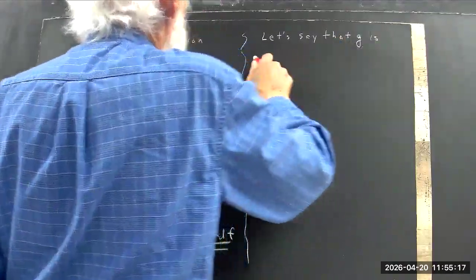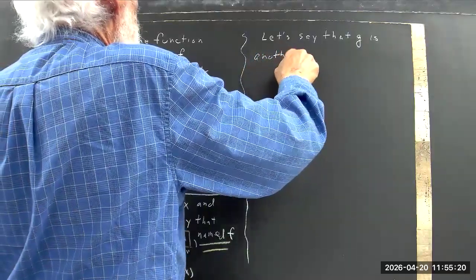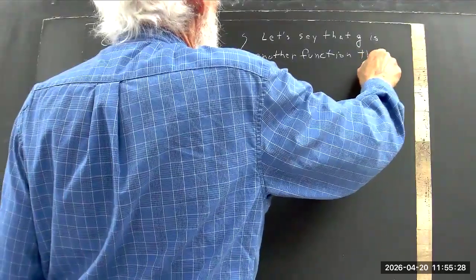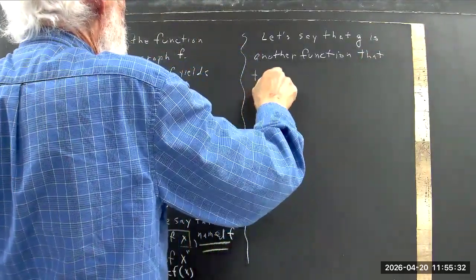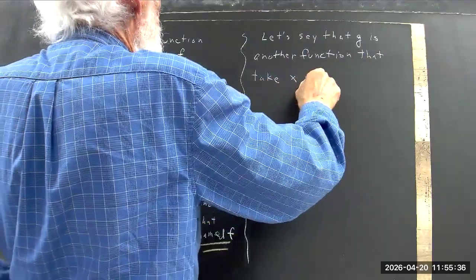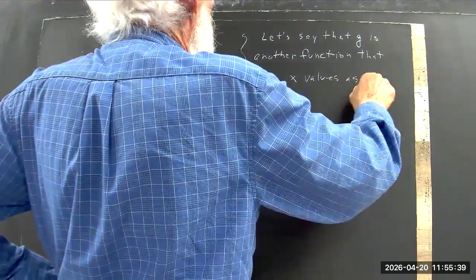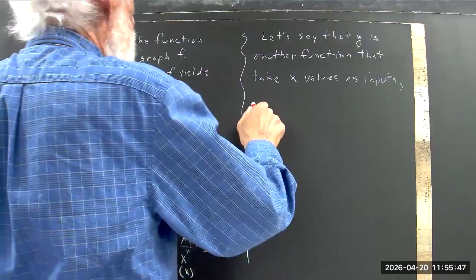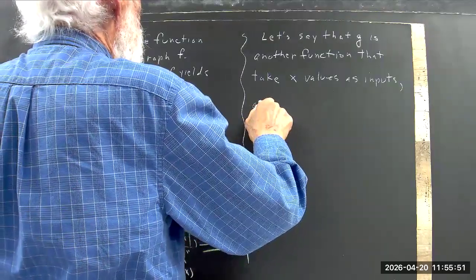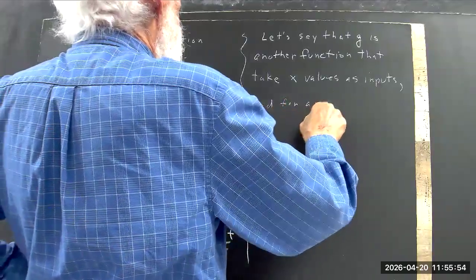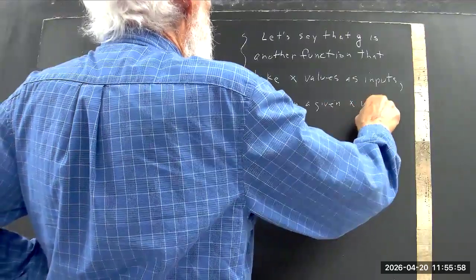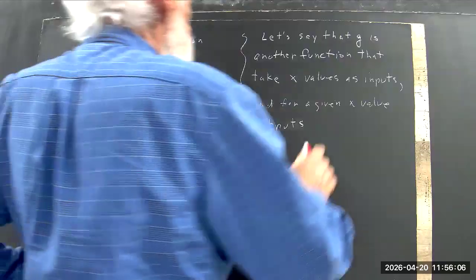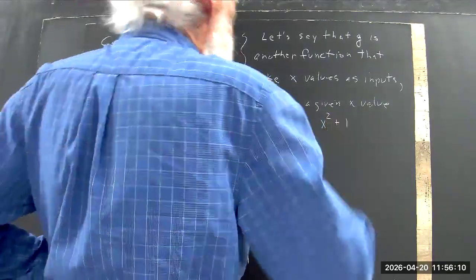Let's say that G is another function that takes X values as inputs, and for a given X value, outputs X squared plus 1.